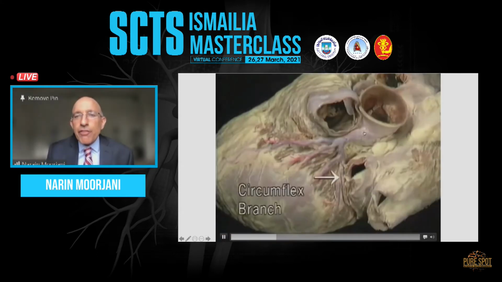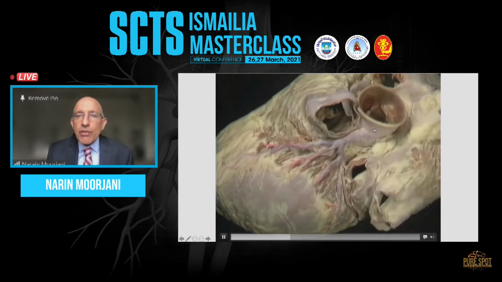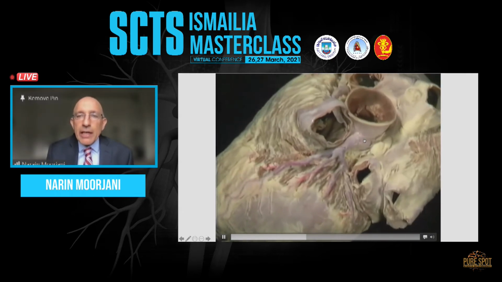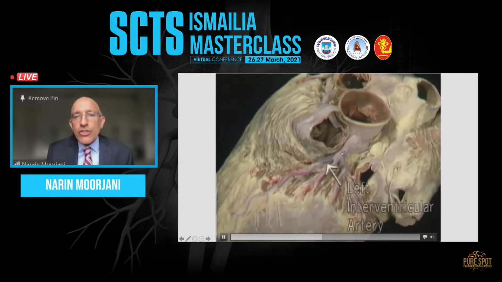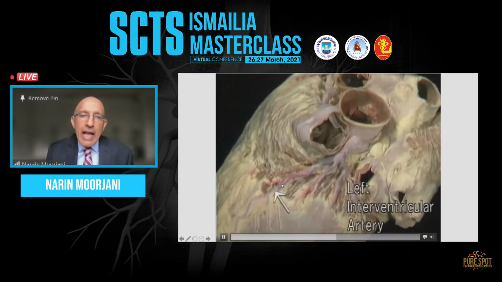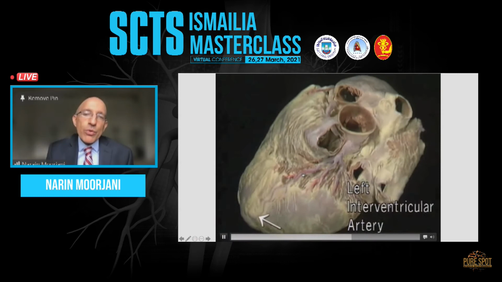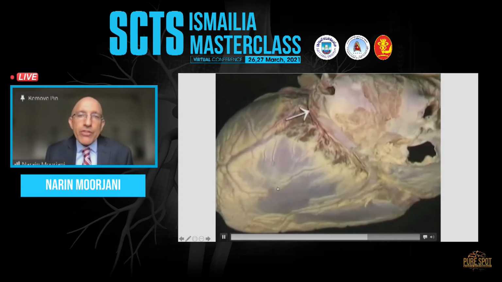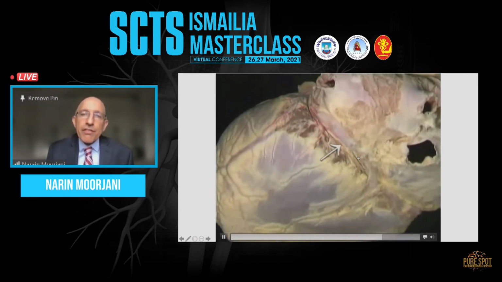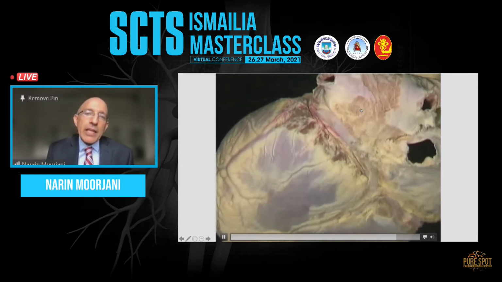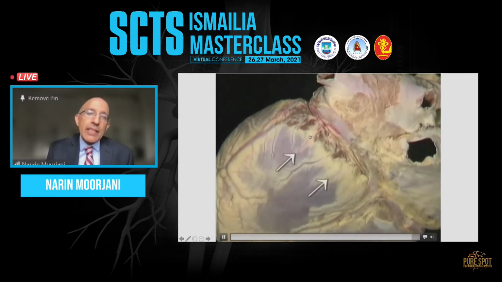So you can see the left coronary artery, left main stem, coming off the aortic root from the left coronary sinus, dividing into its 2 branches: the left anterior descending artery, otherwise known as the anterior interventricular artery, and the circumflex coronary artery, which lies between the left atrium and the left ventricle, giving off these obtuse marginal coronary arteries.